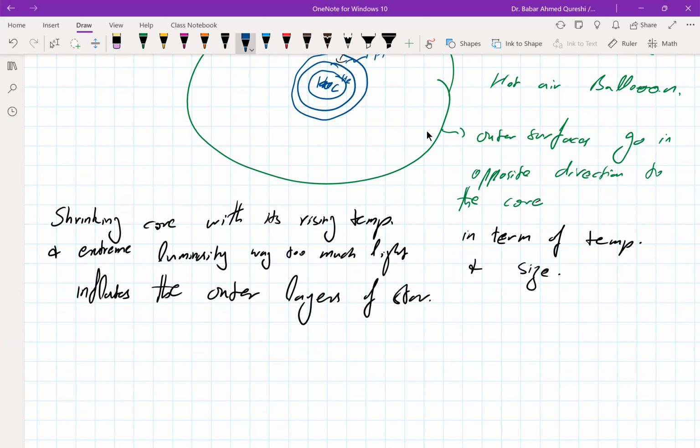And then it's just like a regular balloon: as it inflates, the outer layers become large, and as something expands, it cools down the outer layers.